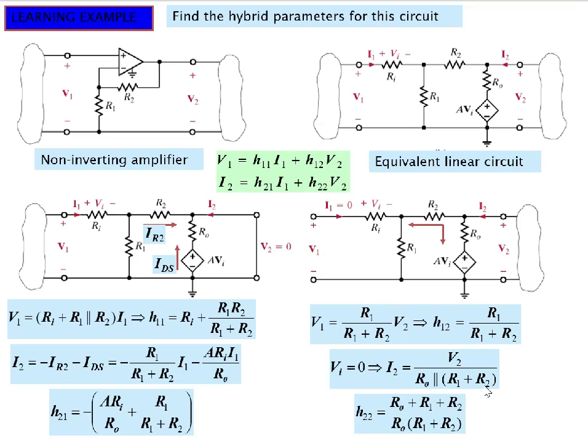So here is the amplifier circuit. We'll just go through it. In an amplifier circuit, two things are important: the input impedance and the output gain. So this is our amplifier, an operational amplifier.